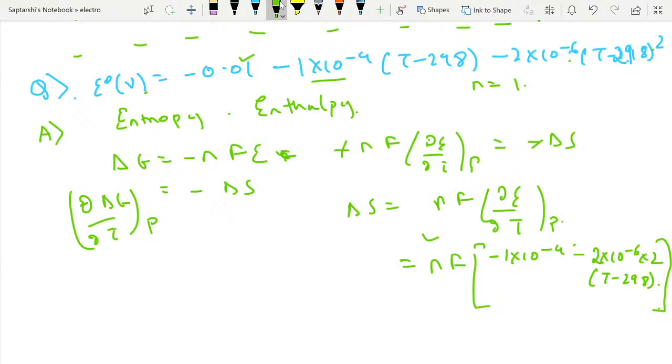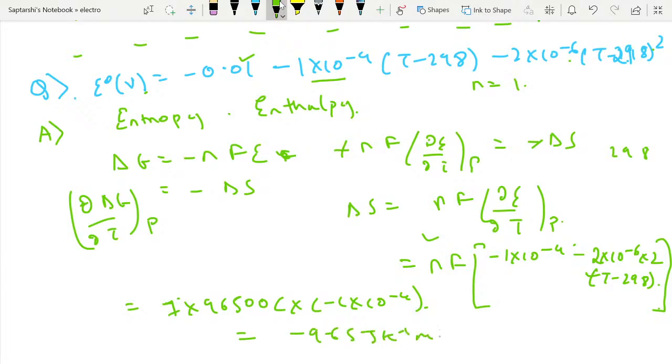Therefore, if we put the T value, which is given as 298 only, this part will become 0, and the answer we get is 1 into 96500 coulomb into minus 1 to the power minus 4. This will be our answer, minus 9.65 joule per Kelvin.